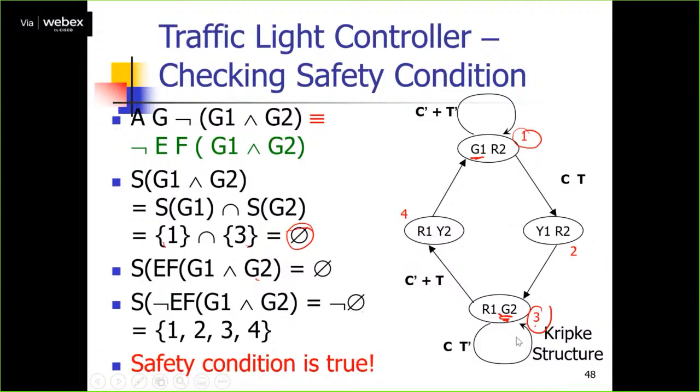So 1 and 3 will be called green lights, for either G1 or G2. 2 and 4 are both non-communicable paths. I will call these null states, which is a variable. Total states are 1, 2, 3, 4. That's what I'm defining. So the safety condition will be an A.